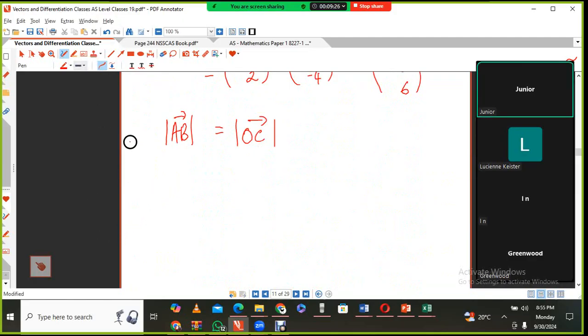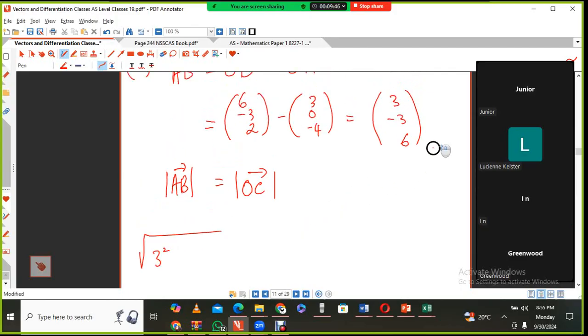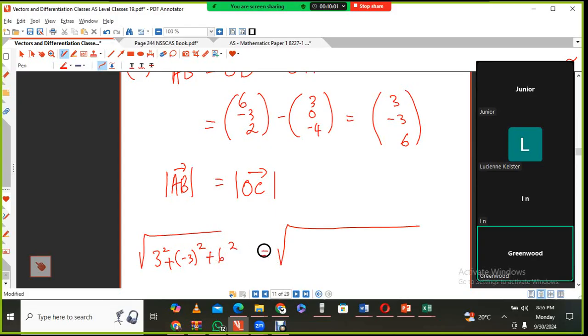So the magnitude of AB is the square root of 3 squared plus negative 3 squared plus 6 squared, which is the square root of 54.